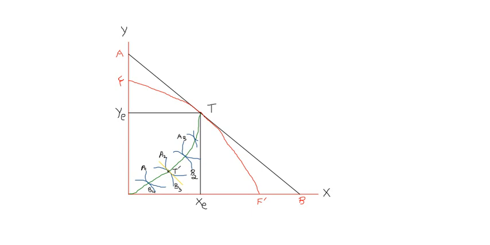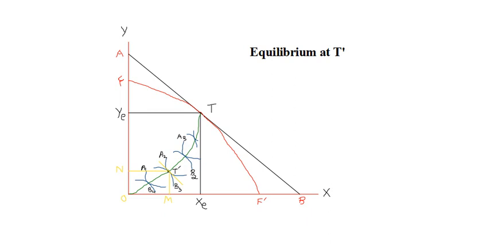Now how to analyze or interpret this T dash? For that we can look at the allocations of X and Y which are being distributed to consumer A and consumer B. Let me help you in interpreting this part of the diagram. Consumer A reaches the utility level implied by the indifference curve A2 and buys OM quantity of X commodity and ON quantity of Y commodity.